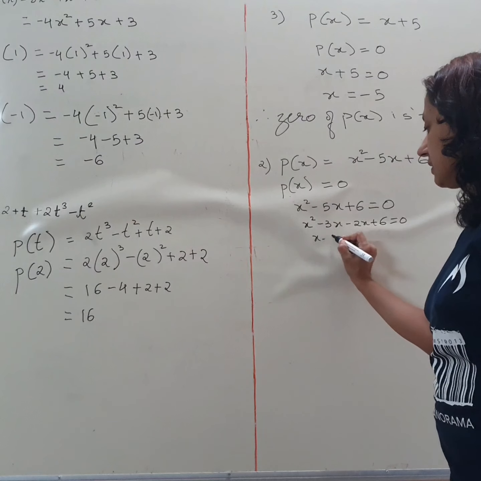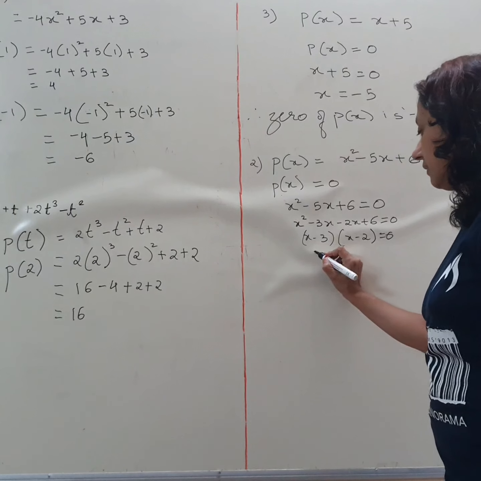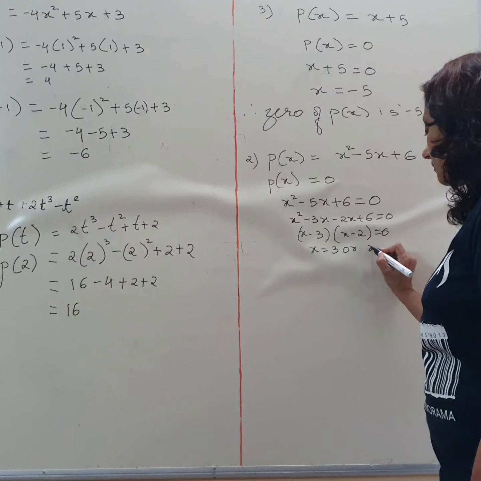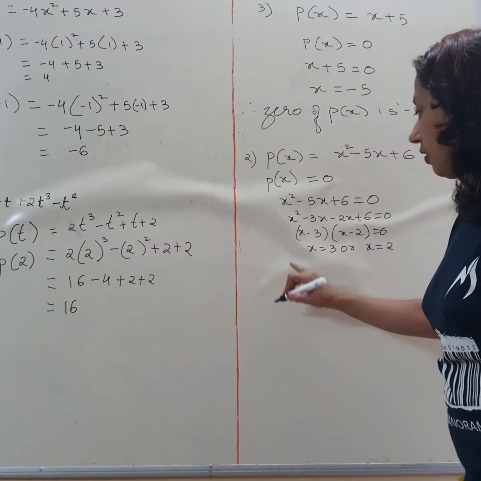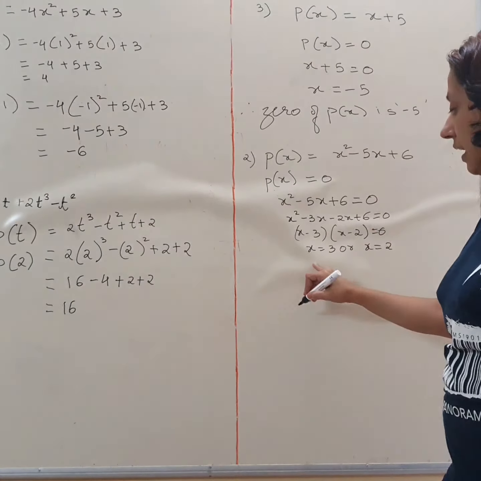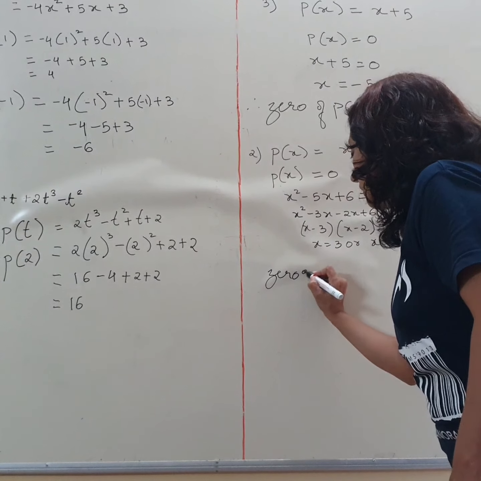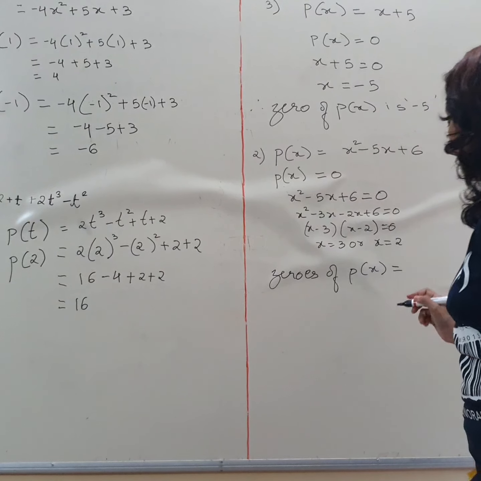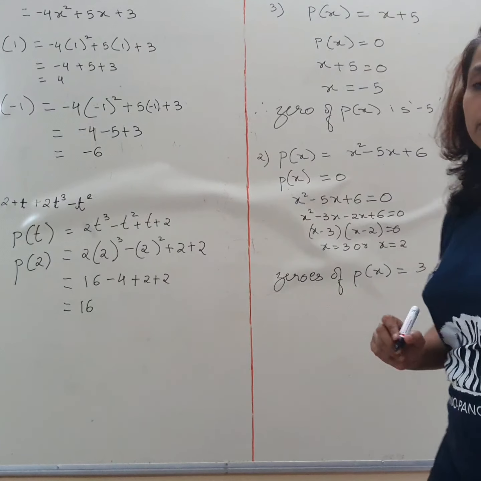So this is x minus 3 into x minus 2. So you will have either the value of x is 3 or the value of x is 2. Therefore the zeros of the polynomial, since you can see the degree is 2, you have two zeros: 3 and 2. So there are two zeros.